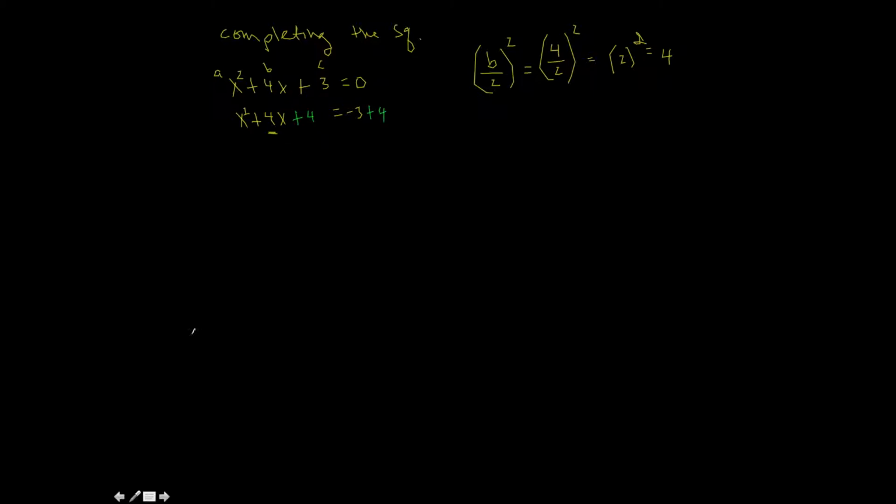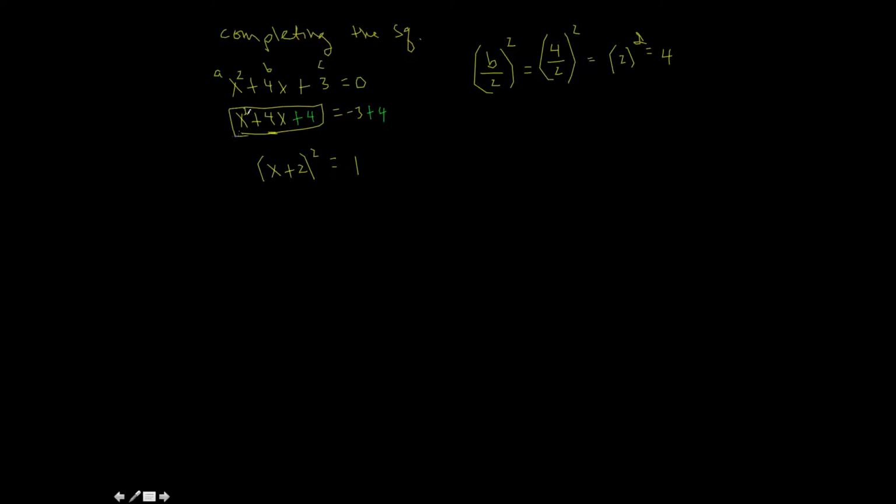Now, go ahead and simplify, and what I have here, factoring this, would be x plus 2 squared equals 1. This is a perfect square trinomial.